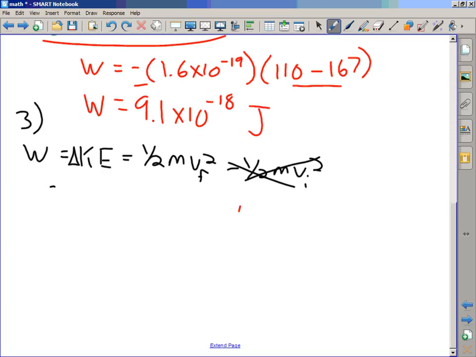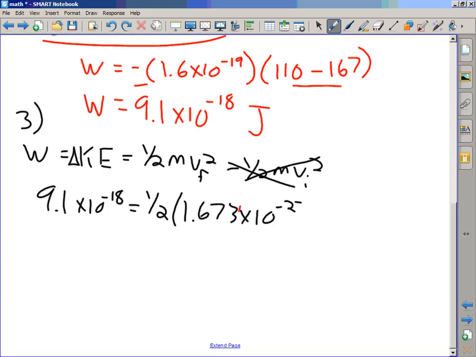That leaves me with 9.1 times 10 to the negative 18 equals 1/2 the mass of the proton, 1.673 times 10 to the negative 27, times v squared. Final velocity equals 1.0 times 10 to the fifth. Units: meters per second.